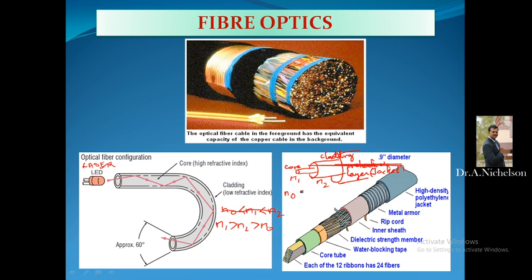So the core has the highest refractive index, n2, that is cladding, has a refractive index less than the core, and air is less than cladding.